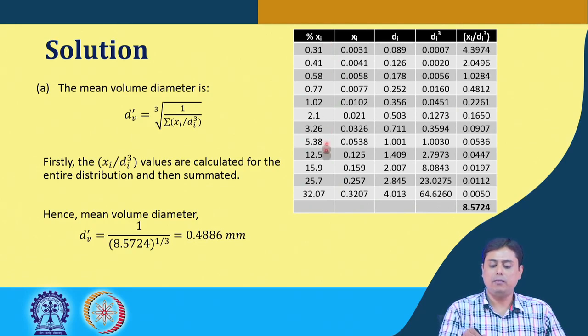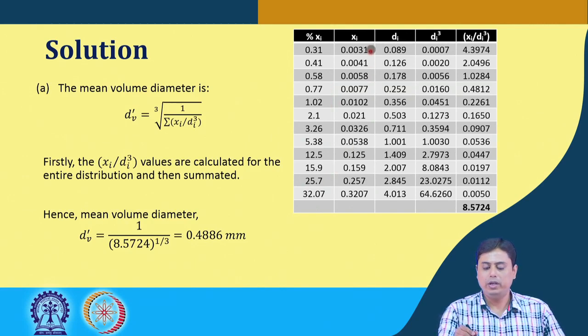We have this x column, the percentage mass, which is directly written here. Now, it is a percentage value, so we divide this by 100 to get each mass fraction. Quite obviously, the summation of this whole column will give you the value of 1.